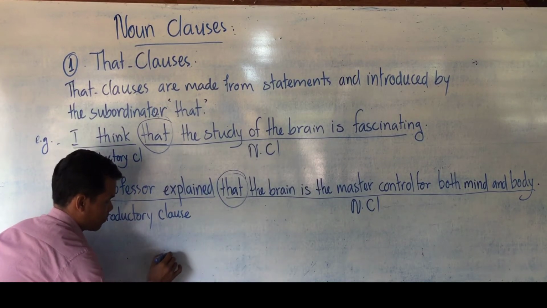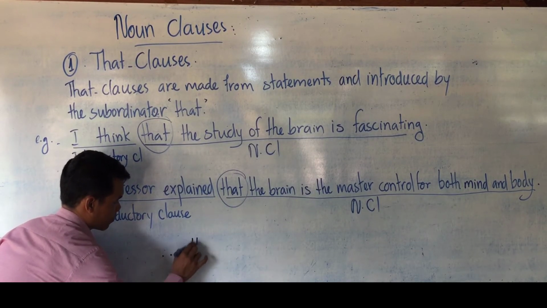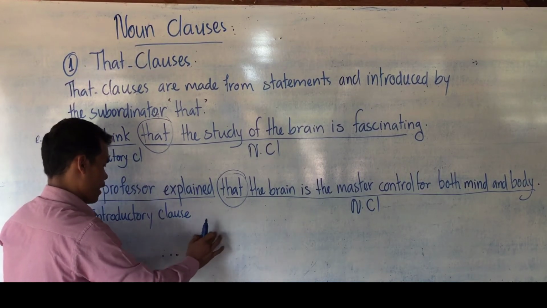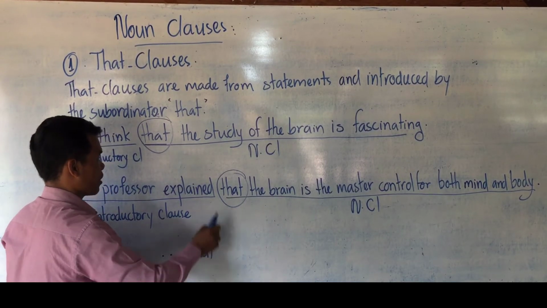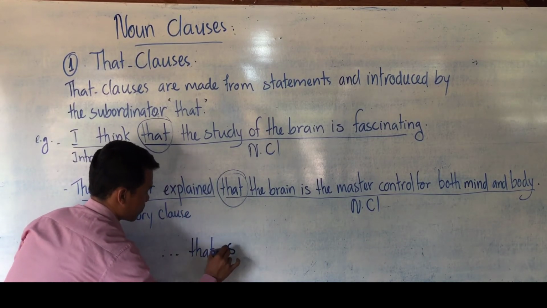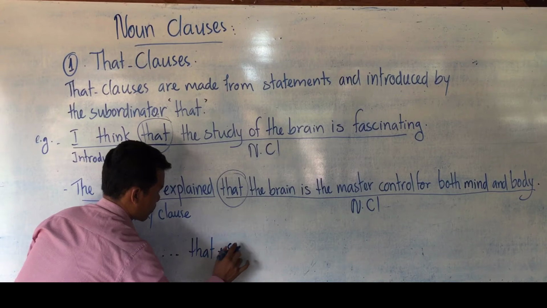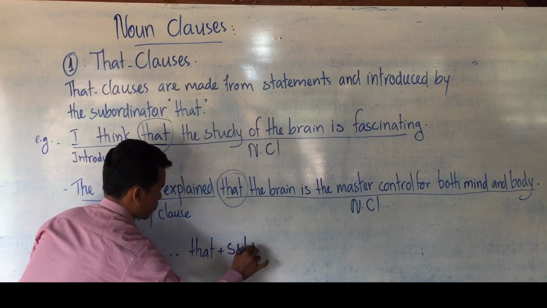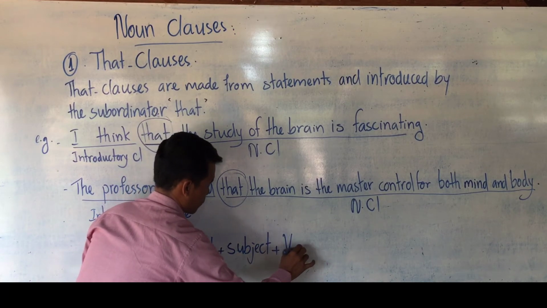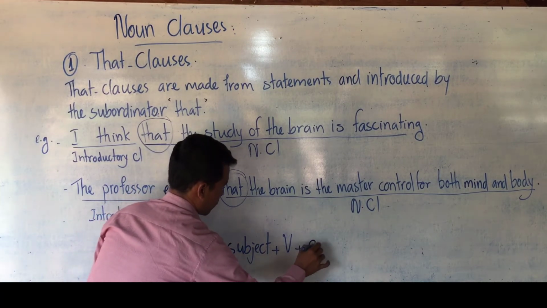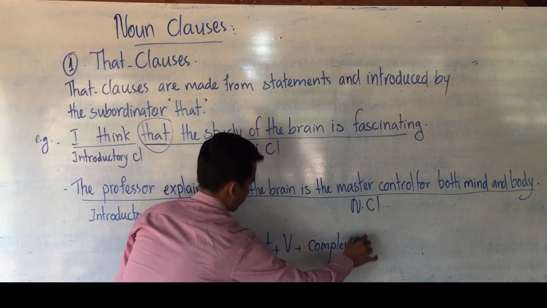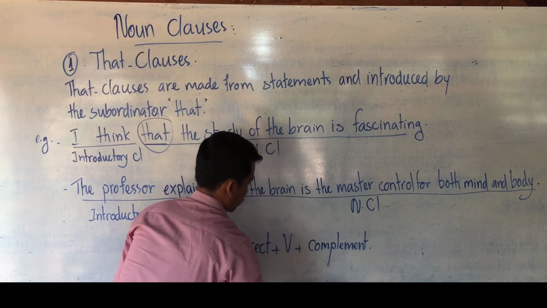Then we can write the formula: that, in brackets, it means that it's optional, that can be omitted, plus subject plus verb plus complement.